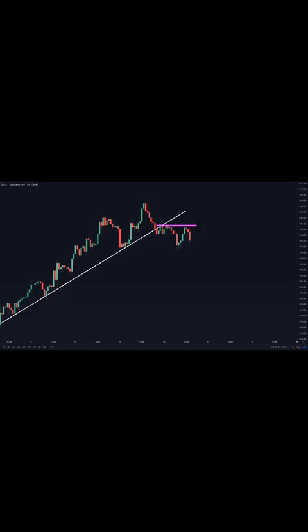So now, we already have multiple reversal signals. First, we saw a break of a trend line, which means the price broke the uptrend structure, and a double top pattern, indicating a loss of upwards momentum because buyers failed to push the price back up. So all these factors combined have led us to believe that the trend is going to reverse. And so this is a good opportunity to take a short position.